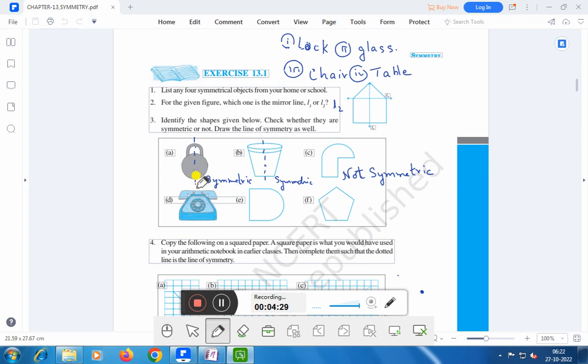Now, question D. If we draw a vertical line like this, then it divides it into two equal halves. Therefore, D is symmetric. Now, question E. E is symmetric, but the line of symmetry is horizontal, like this.